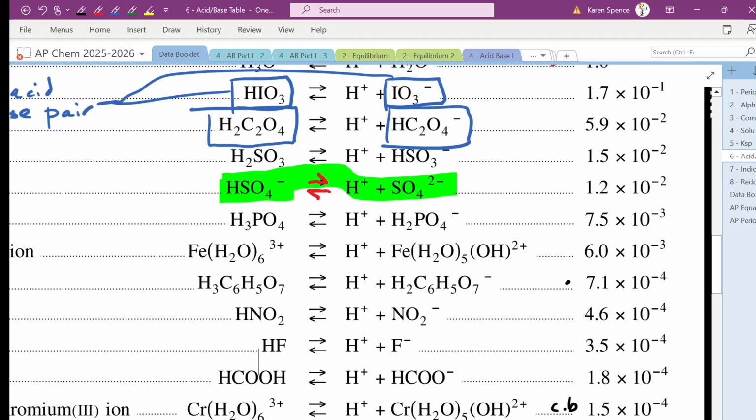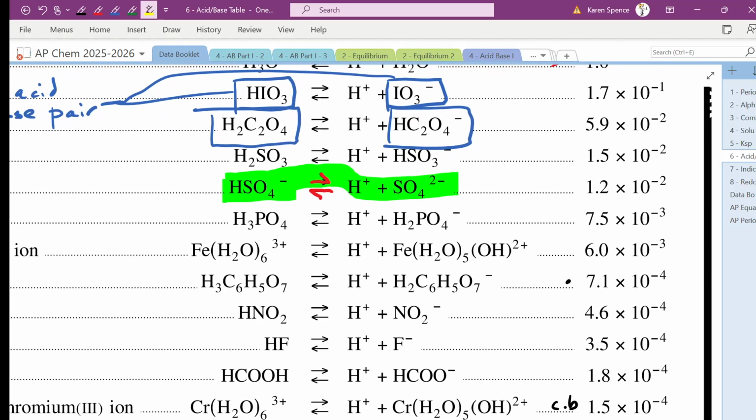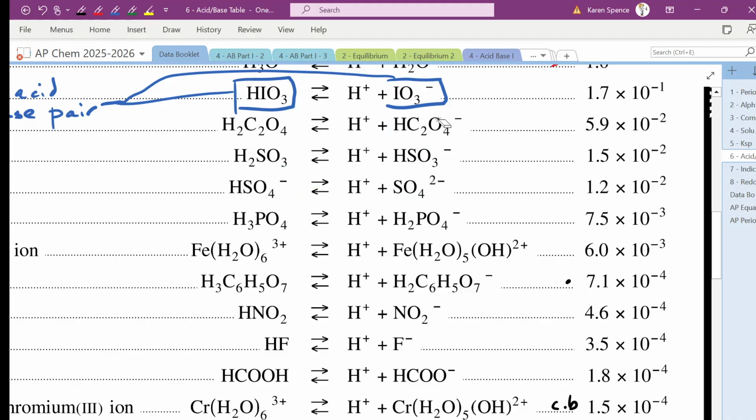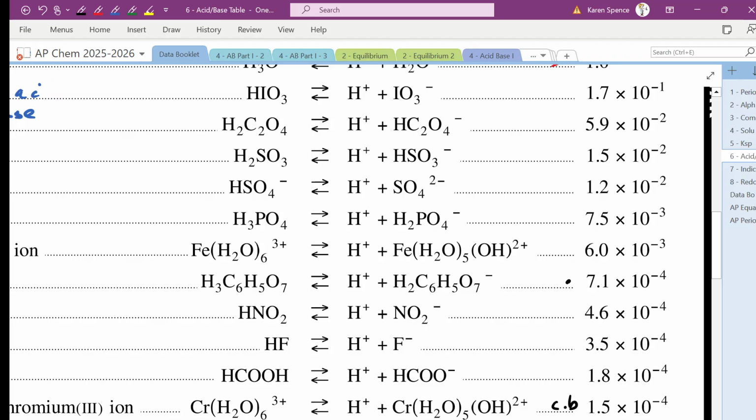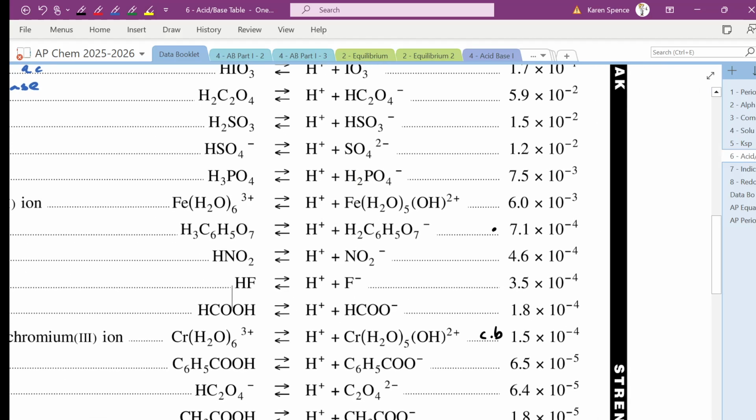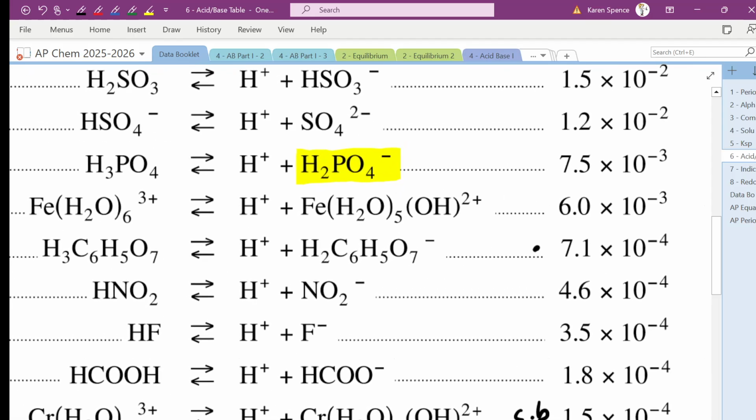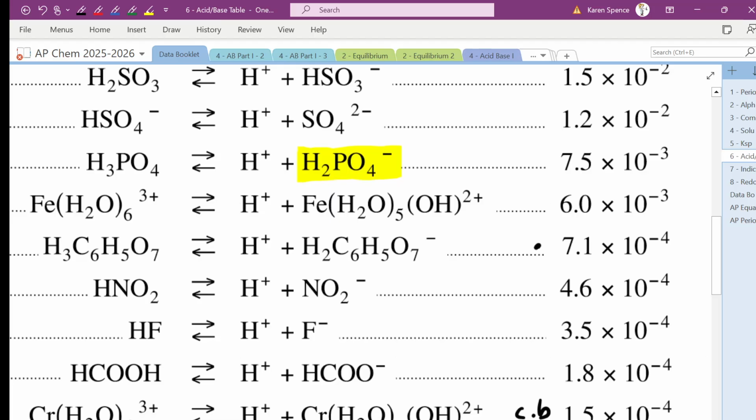So you'll see we have, for example, H2PO4 minus. It's got that H and it's got a minus, right?